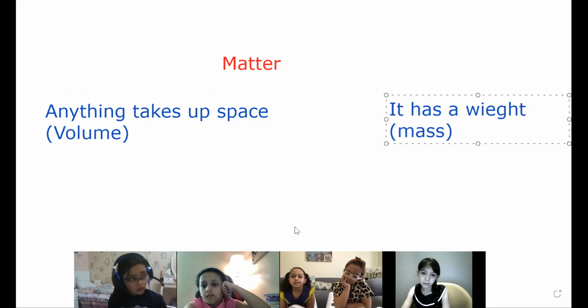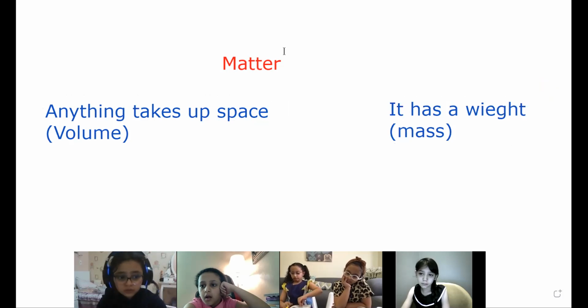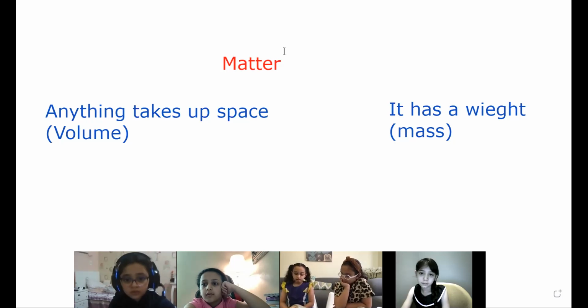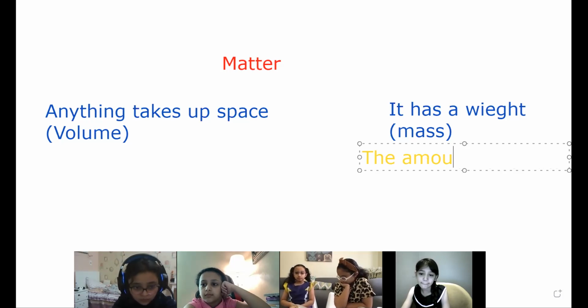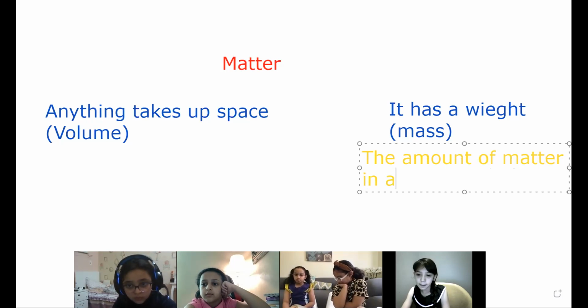Mass is the amount of matter in an object. An object has mass. The amount of matter in an object.